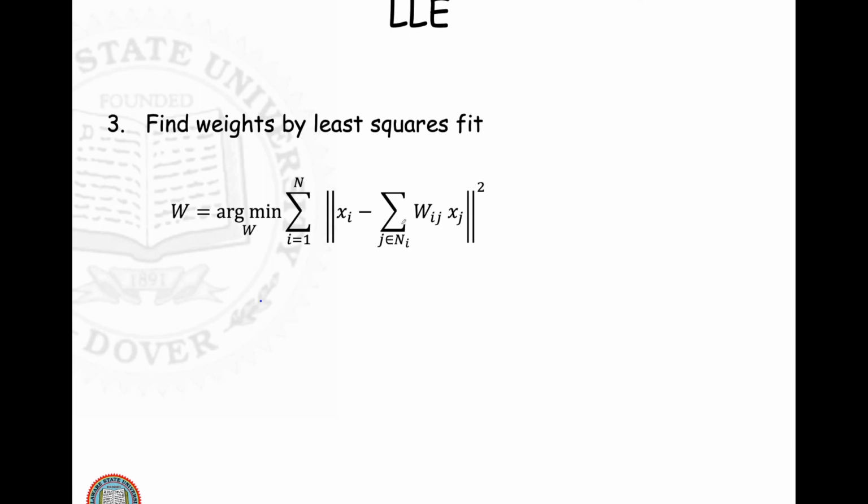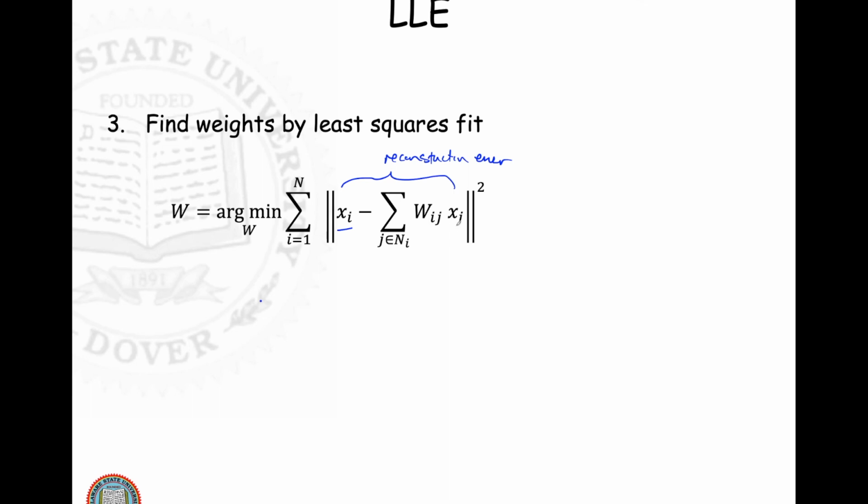And that residual difference we're going to call our reconstruction error. And this reconstruction error is the difference between each data point xi and the weighted sum of those neighboring points in the local patch around xi.